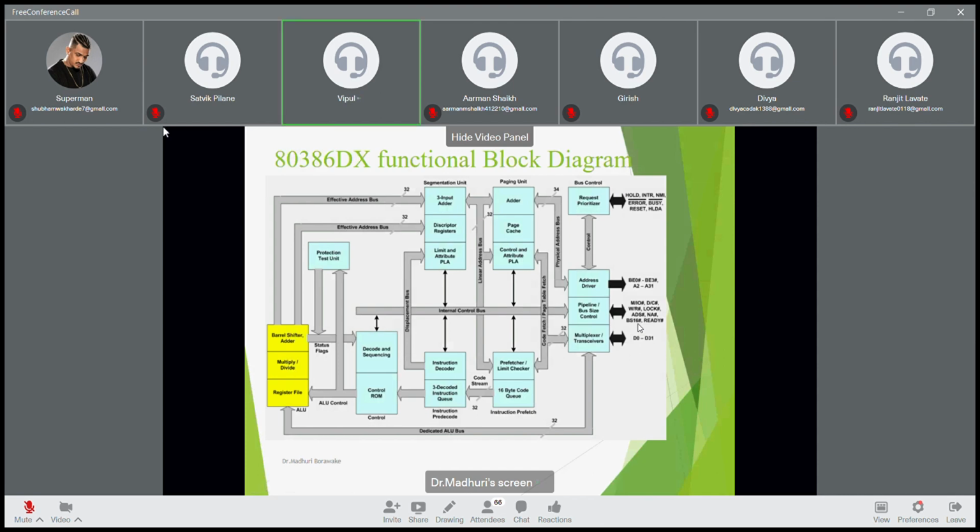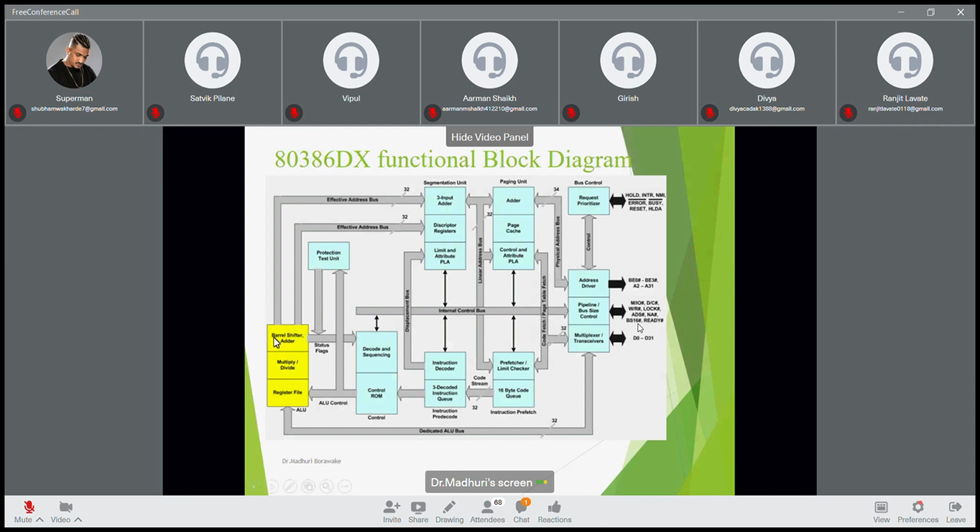Yes, ma'am. Okay, so this is the architecture. Now in the CPU unit, first is the execution unit, second one is the prefetch unit, and the third one is the instruction decoding unit. Now the execution unit consists of 8 32-bit general purpose registers for the address and data. It also consists of a parallel shifter.